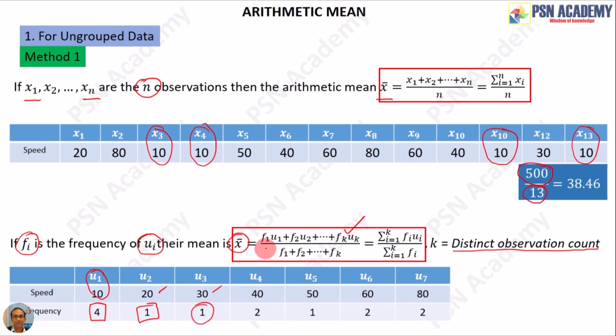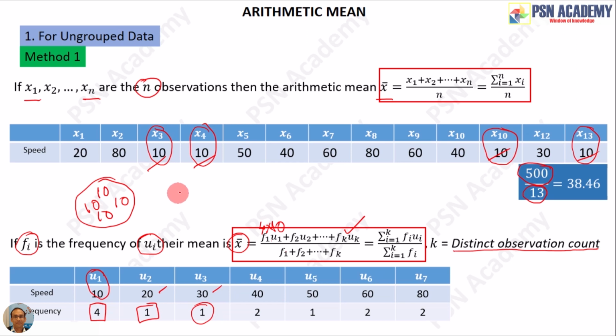So if you want to have this mean, then ui is 10, and how many times does it appear? 4 times. So definitely you have to multiply this by 4. When you are going without frequencies, you are counting the same 10 four times, right? But in the case of frequencies, you bring all those 10s into one location like this, and you count it.